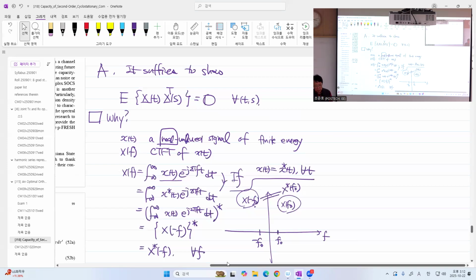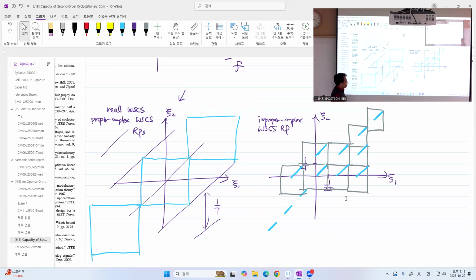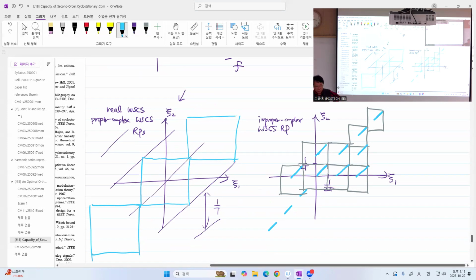So anyway, our task is to fill up what kind of impulse fences we will have in the improper complex random processes. Since this bispectrum is computed from the autocorrelation function, anyway, we will have something like this.